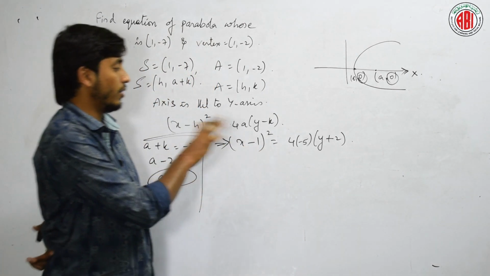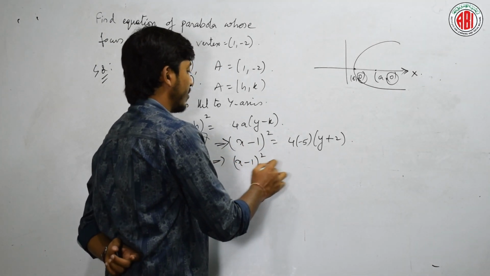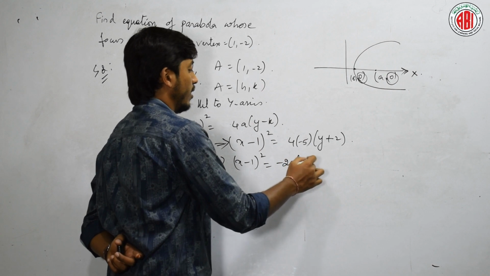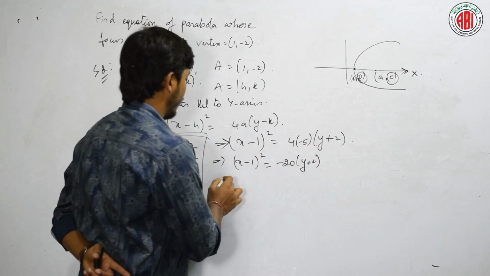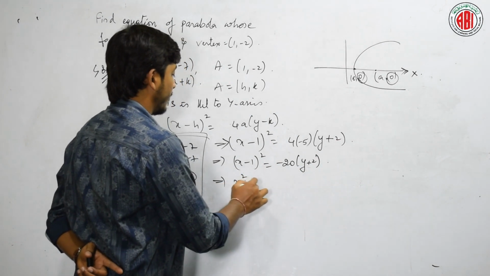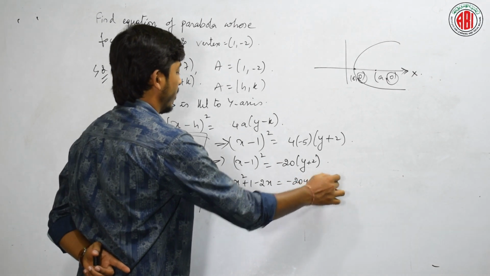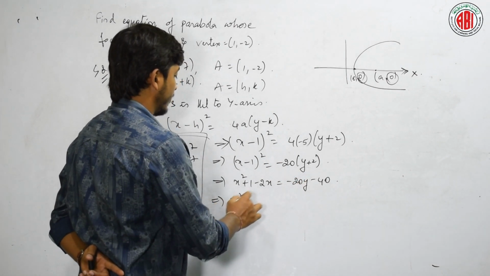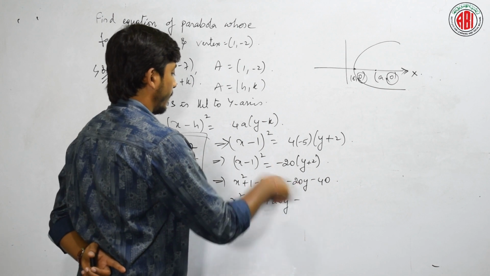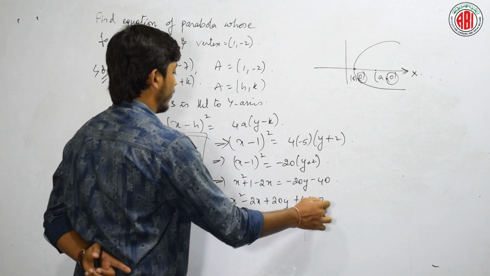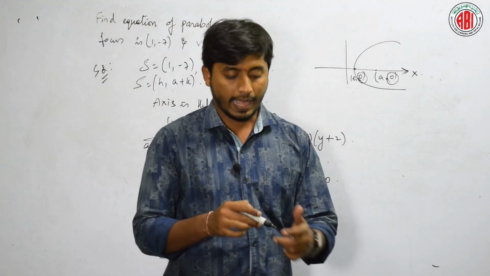So, better not to put it before. This will be x minus 1 whole square equal to minus 20 into y plus 2, clear. If you want to simplify more, that is x square plus 1 minus 2x is equal to minus 20y minus 40. Therefore, this will be x square minus 2x plus 20y plus 41 equal to 0. This is the equation of the parabola, clear.